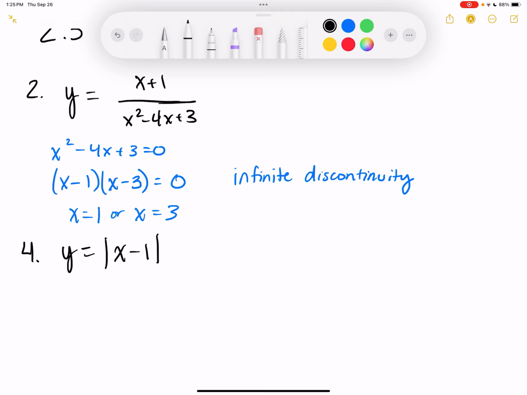Are we allowed to graph that one? Do we need to? It's just absolute values. So are there any points of discontinuity of an absolute value function? Nope, it's just a V and it keeps going, so there are none.